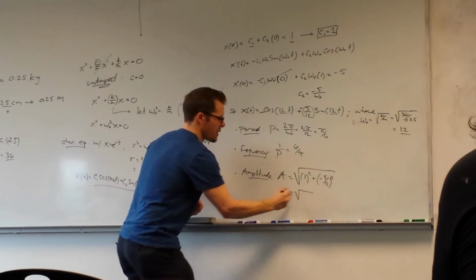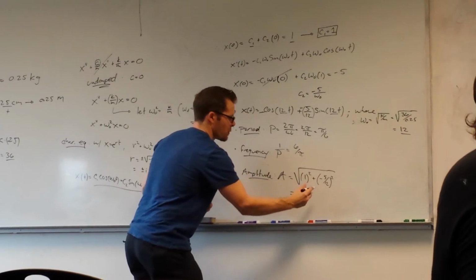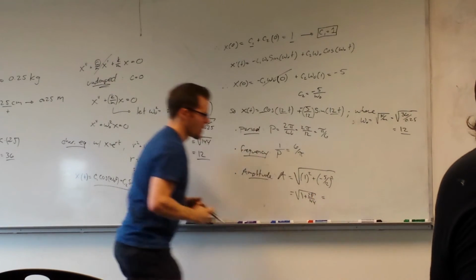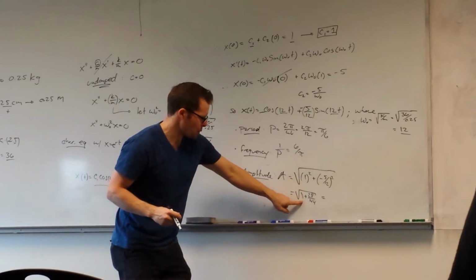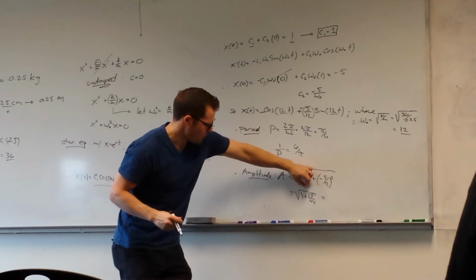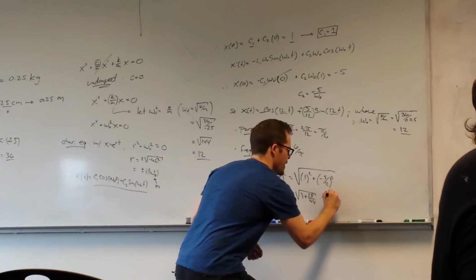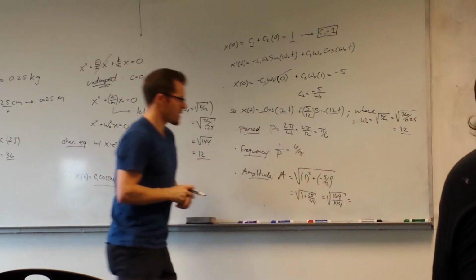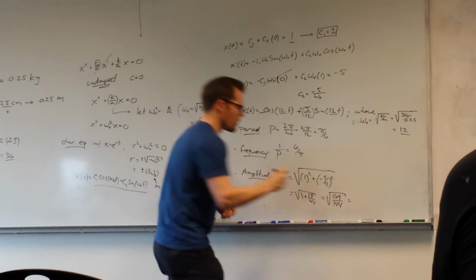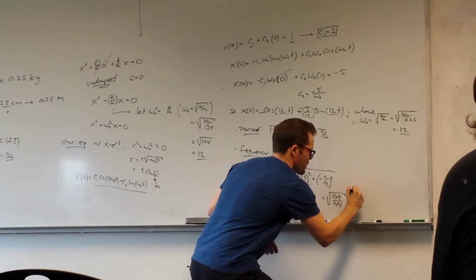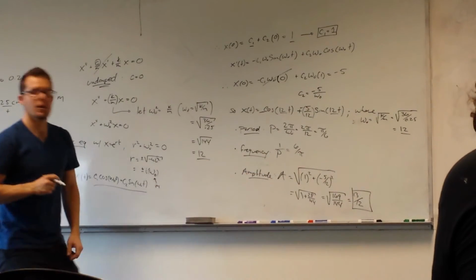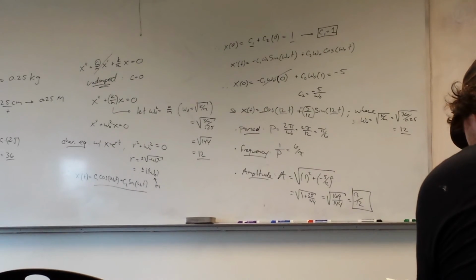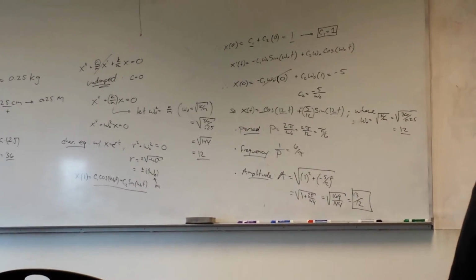So we get the square root of 1 plus 25/144. With a common denominator of 144, you get 169/144. They made this very nice, because 169 is also a square number. So it's 13/12. You can find all those things without writing it as a single cosine function. That's good enough for me.